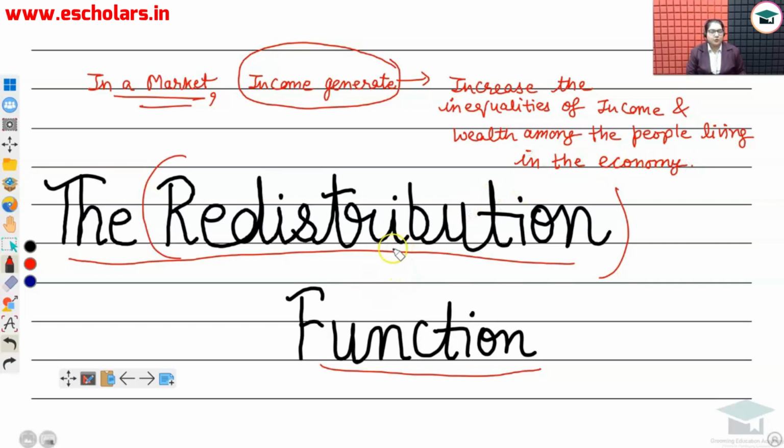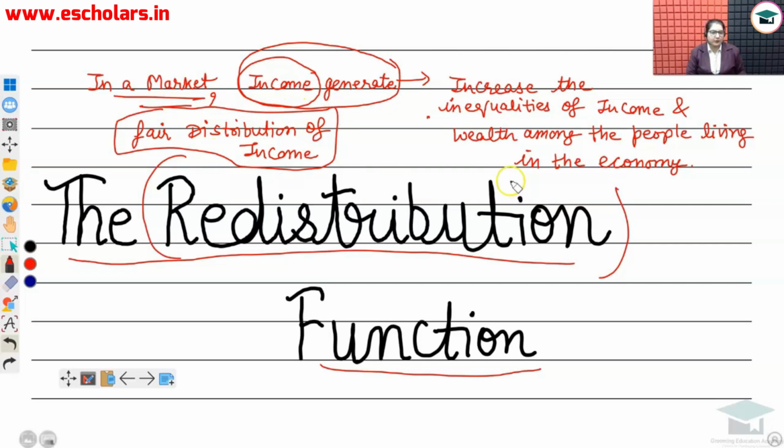Right. So the government should interfere in the distribution of income which is generated in the economy. Government should take corrective actions in order to ensure that there is fair distribution of income in the economy. Now, what is fair distribution of income?